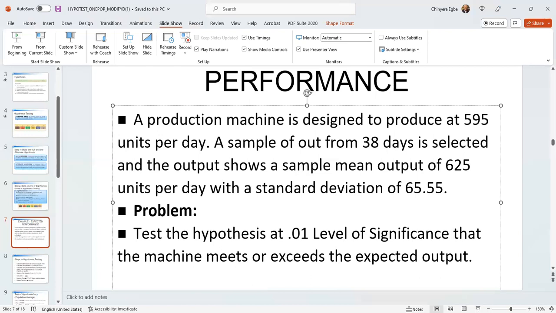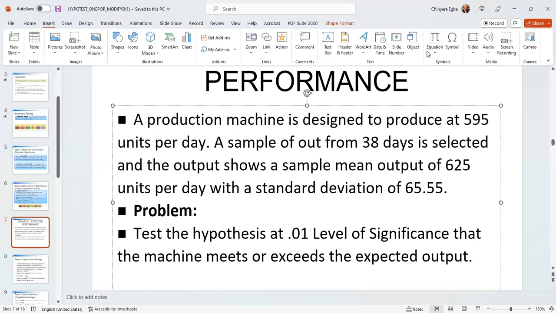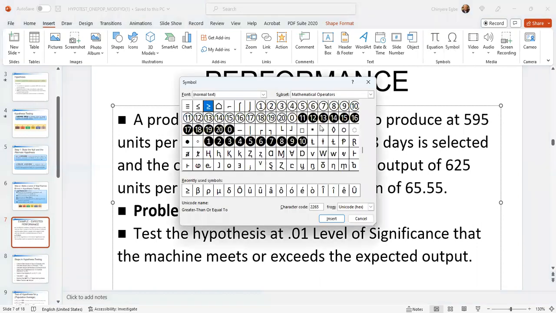When we test a hypothesis, we're going to test if mu is actually equal to 595 or more than 595.